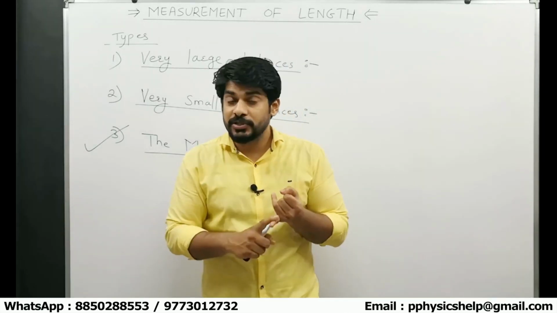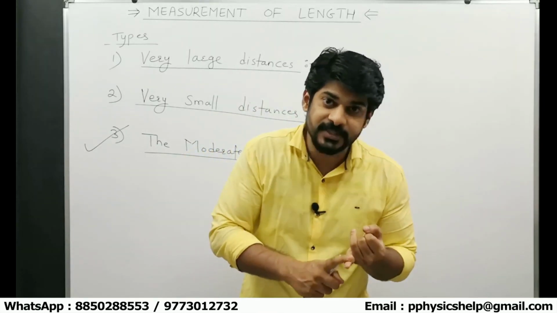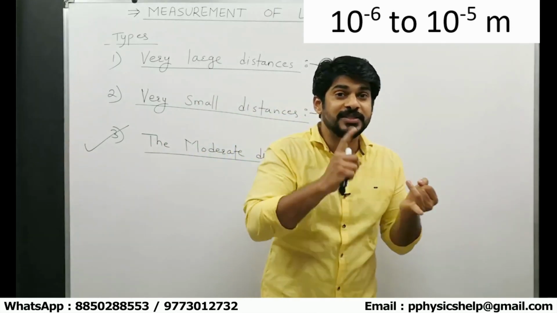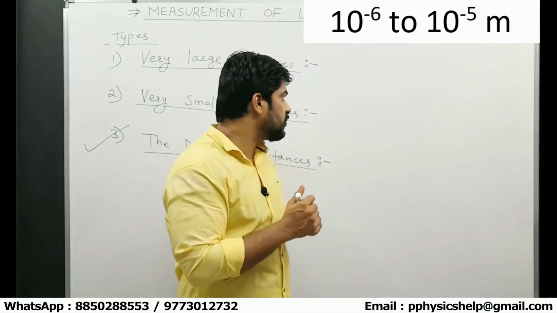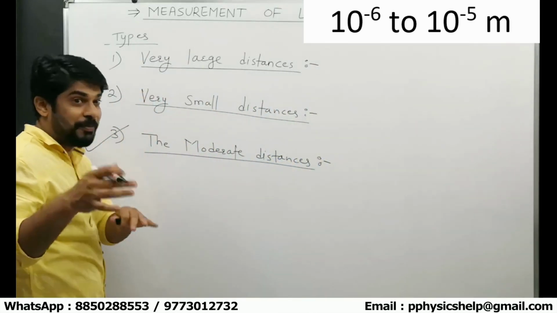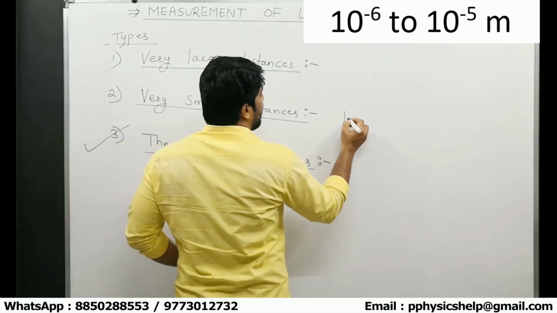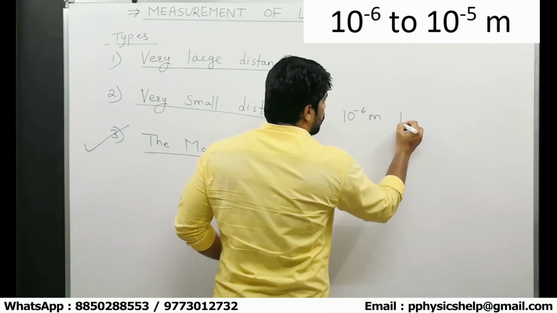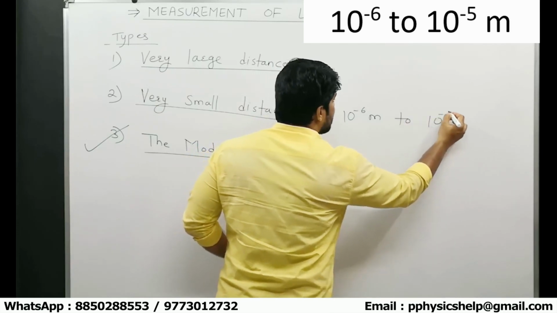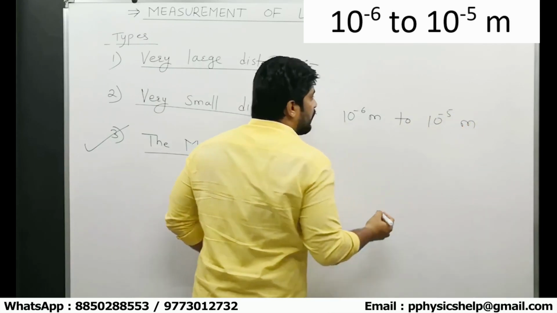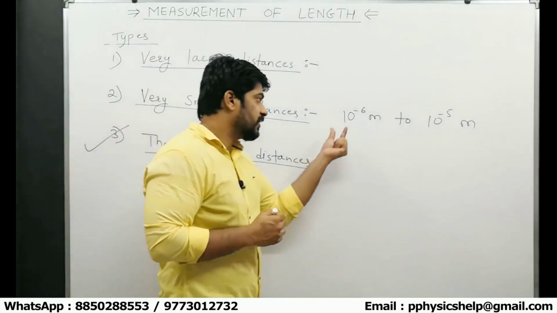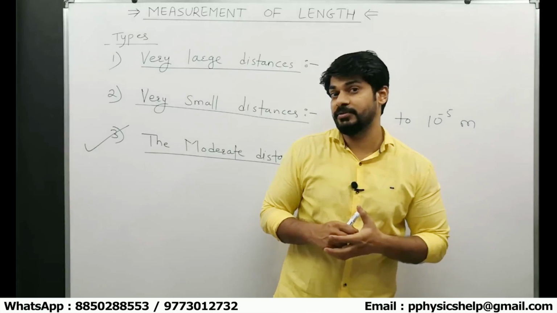We can measure distances of the order of 10 raised to minus 5 to 10 raised to minus 6 meters. That's immensely small, a pretty small distance, minus 6, minus 5, imagine.